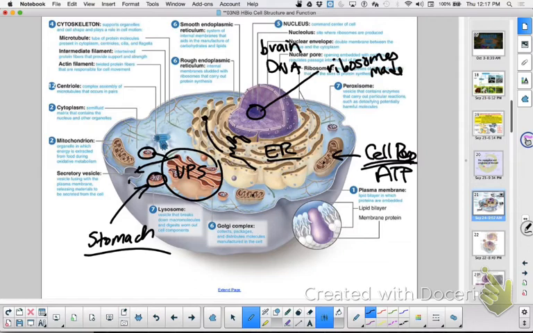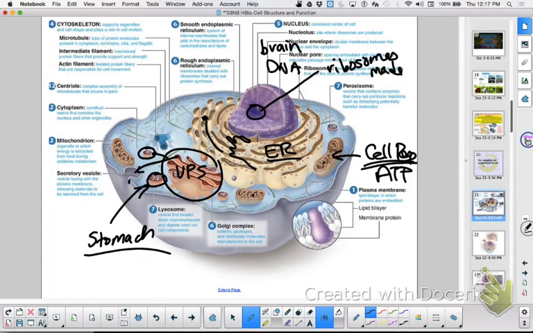Yeah, it could digest other organelles. And then the third thing a lysosome could do is help the cell to commit what? Suicide. Cellular suicide. What is that called? Apoptosis. So a lysosome can digest nutrients that have been brought in. It can digest another organelle or have the cell commit suicide by releasing its digestive enzymes into the interior of the cell.